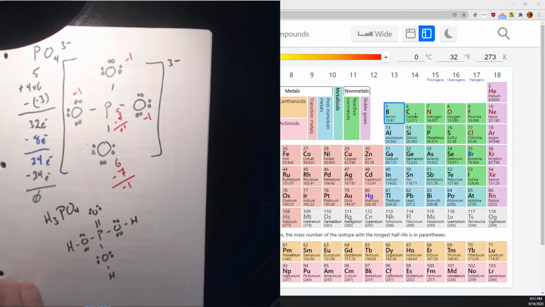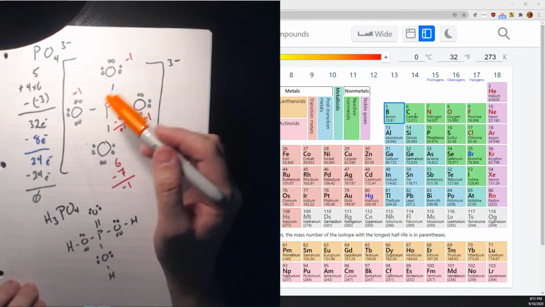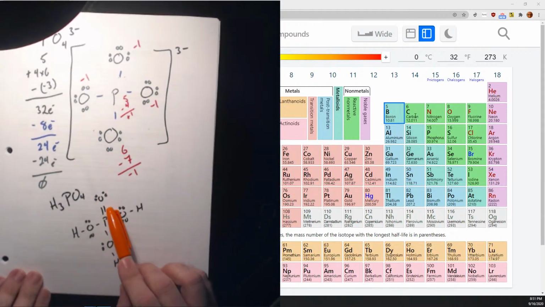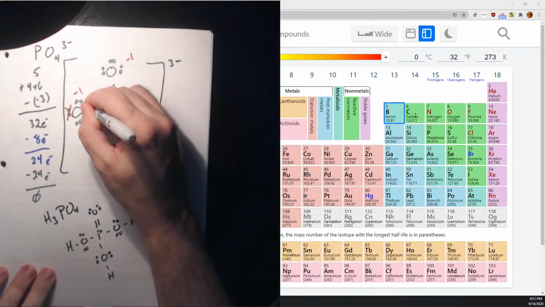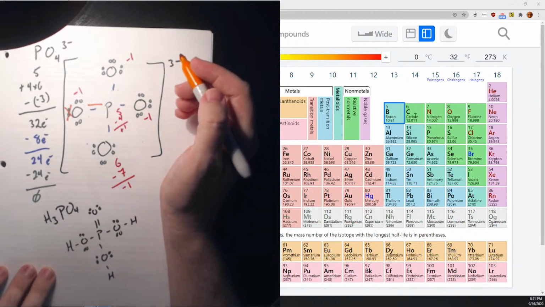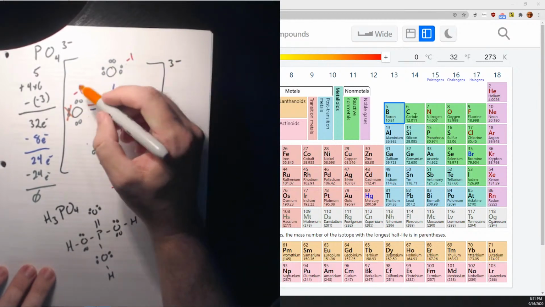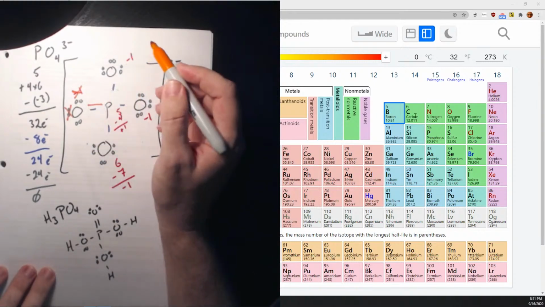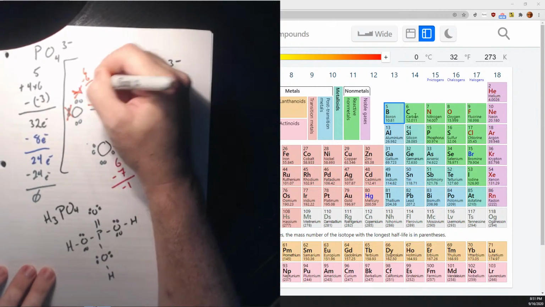So what we do there is we turn a lone pair on one of the oxygens into a double bond. That's what we see down here. And when we do that, that's going to change the formal charge on this oxygen and on phosphorus. So this formal charge is no longer -1. Now it's 6 minus 6 equals 0.